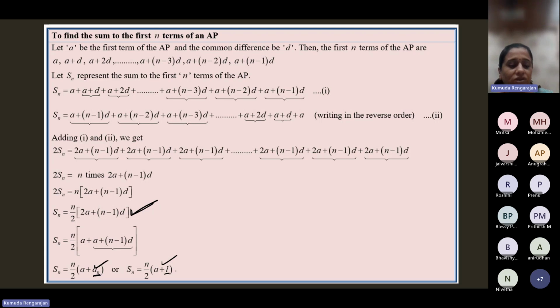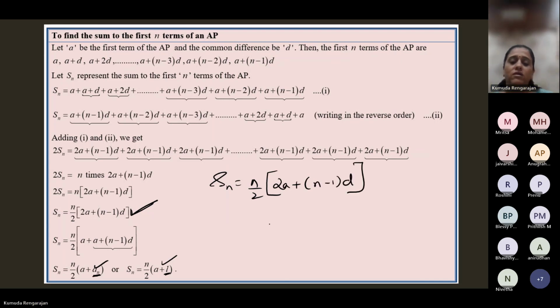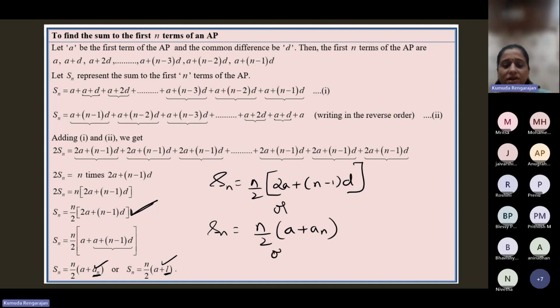Instead of an, you can also say L. So Sn is equal to n by 2 of 2a plus n minus 1 into d, or Sn is equal to n by 2 of the first term plus the last term, or the nth term.